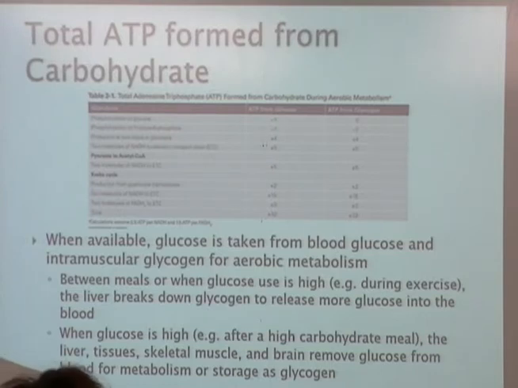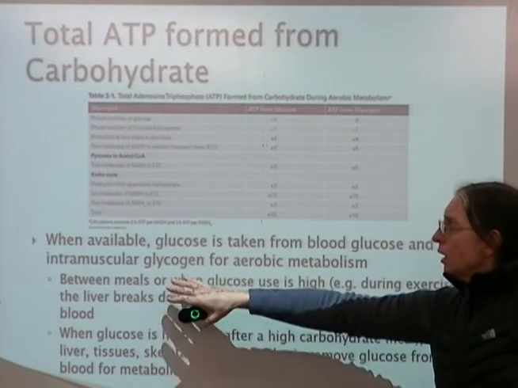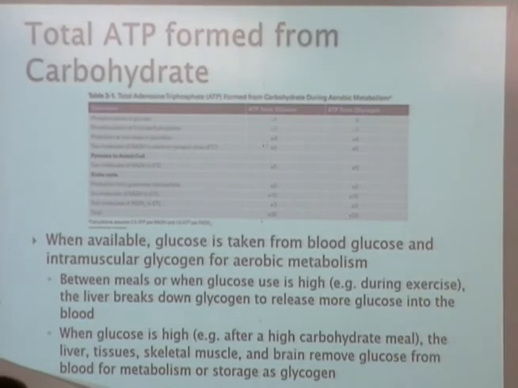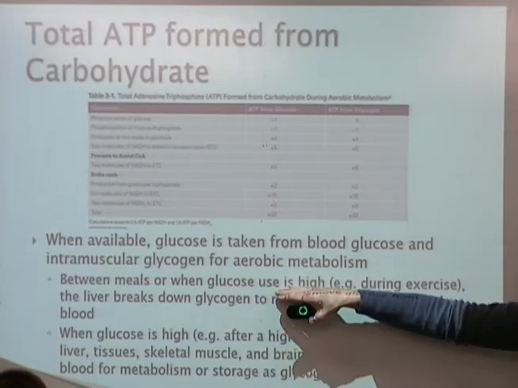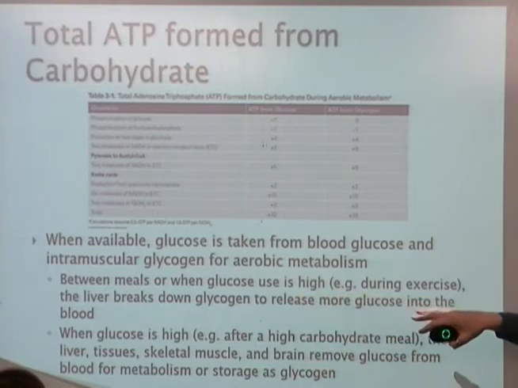So it's really important that we maintain carbohydrate, right? If I have a long break between meals, so if I'm not snacking and I have 4, 5, 6 hours between lunch and dinner, or when I'm exercising very hard, right, then my blood glucose levels start to drop.